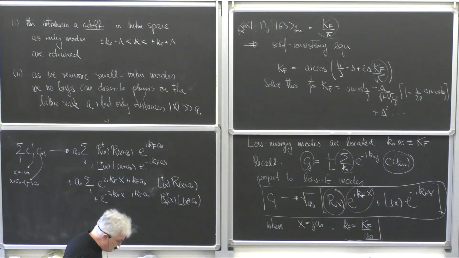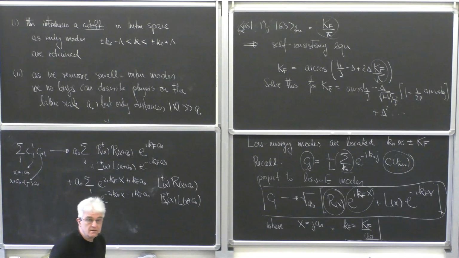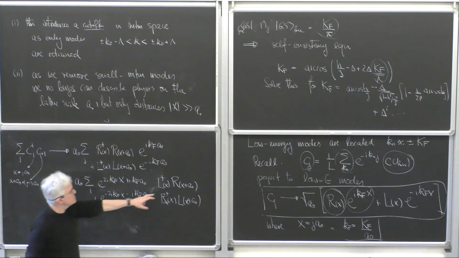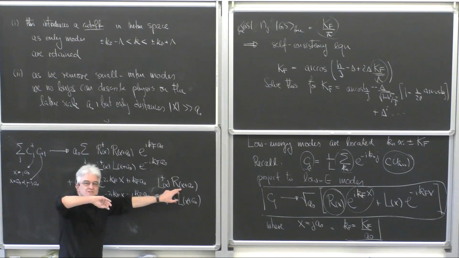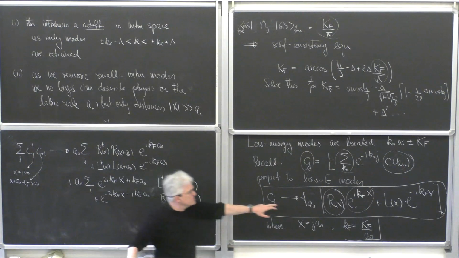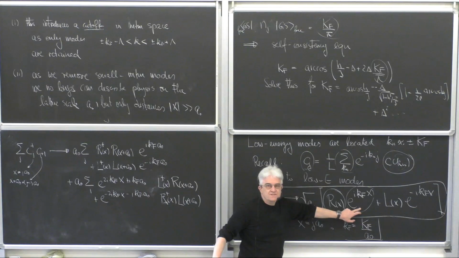Okay. In terms of the Fermi sea, it corresponds to making a hole at one side and making a particle on the other side. It's like these 2k_F processes we talked about yesterday. You see, R is basically at one side of the Fermi sea and L is on the other side because of this decomposition here.